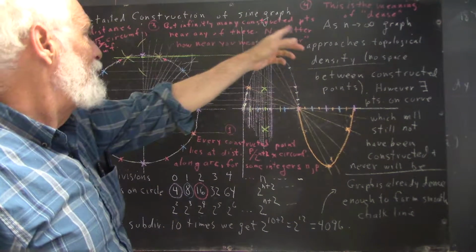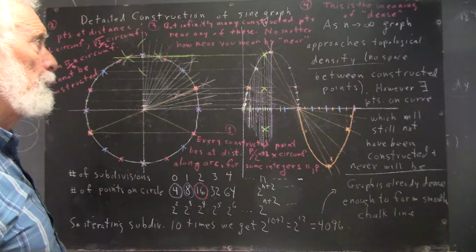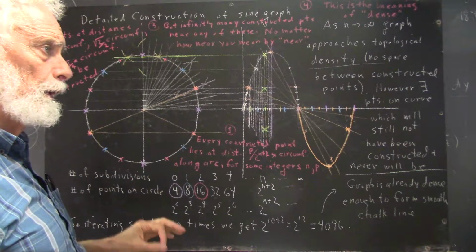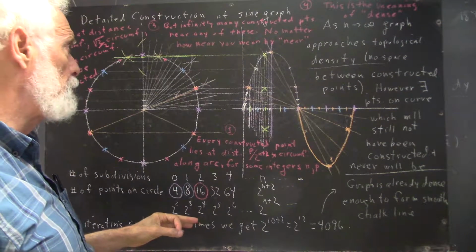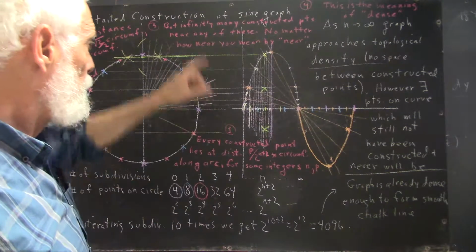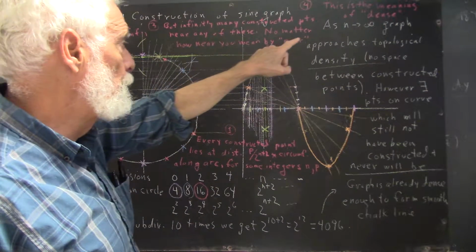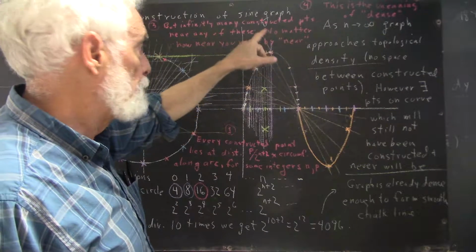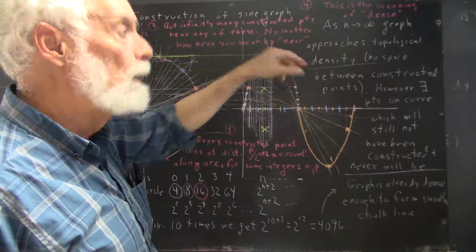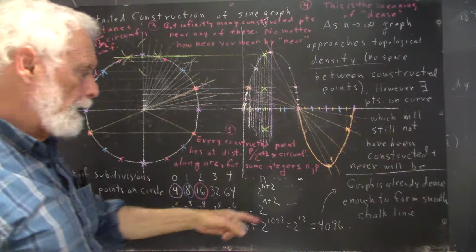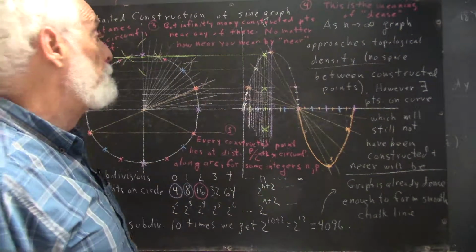So that is kind of a mind-blowing idea, and if you haven't thought about it, it's worth stopping to think about, try to write it out, try to make sense of it for yourself. But there are infinitely many constructed arcs near any of these, no matter how near you mean by near. Okay, so no matter how near you mean by near, if you mean 1/4 millionth, then just let n equal 20.